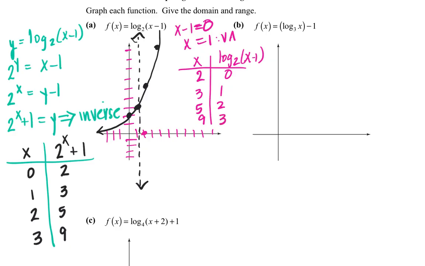So 2, 0; 3, 1; 5, 2; 9, 3, up here somewhere, and then it's going to come along like so. And since that 1 is your asymptote, that's as close as it's going to get there.